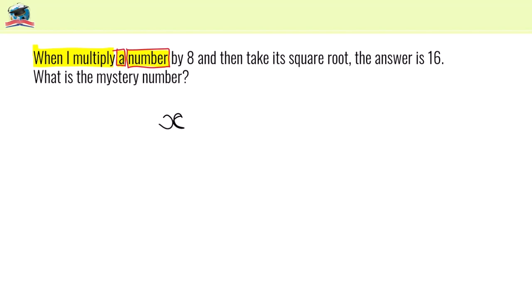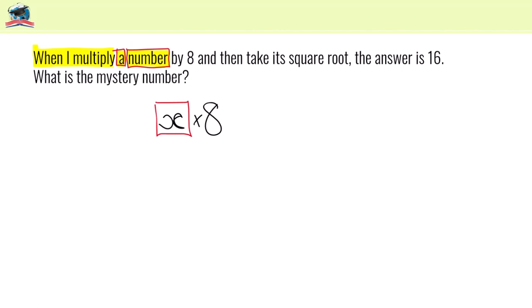It says when I multiply a number by 8. This is the number we don't know. I multiply it by 8 and then take its square root.